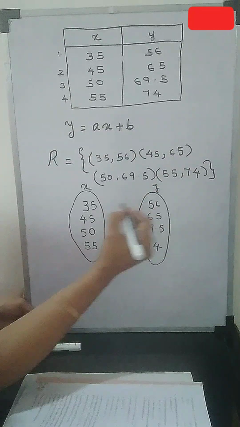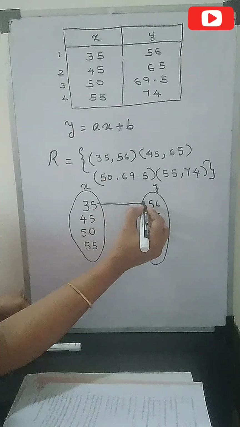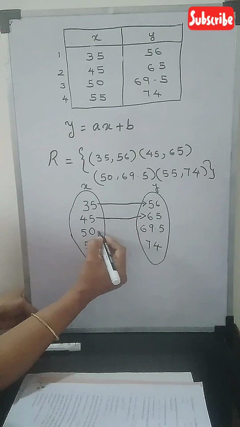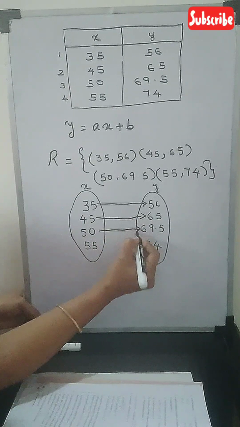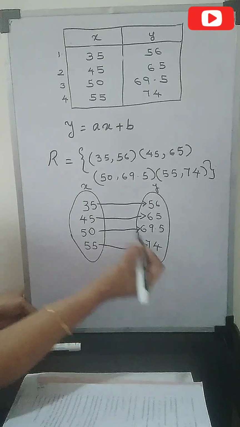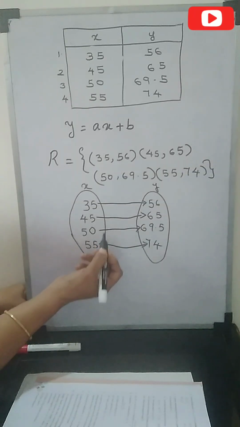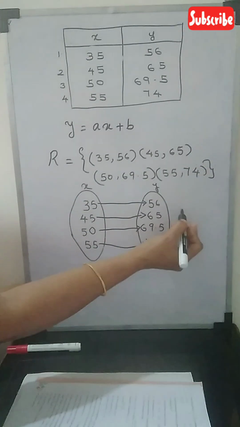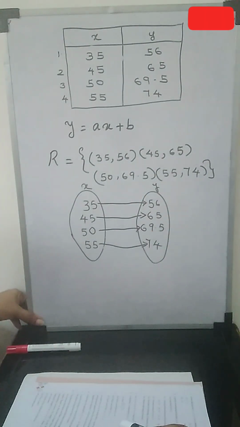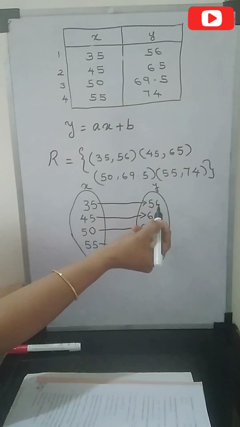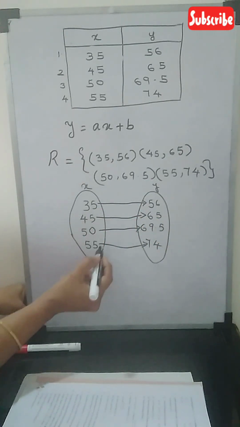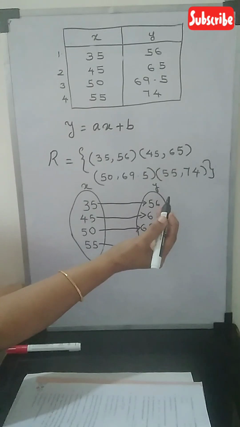Now, as per our relation, what will the arrow diagram be? When x is 35, y is 56. When x is 45, y is 65. When x is 50, y is 69.5. When x is 55, y is 74. All the elements of x are connected to some element of y. And not only that, there is only one image. For every value of x there is one and only one image y, right?